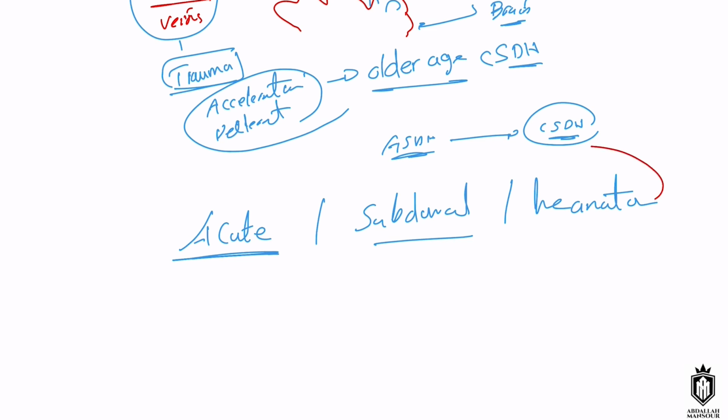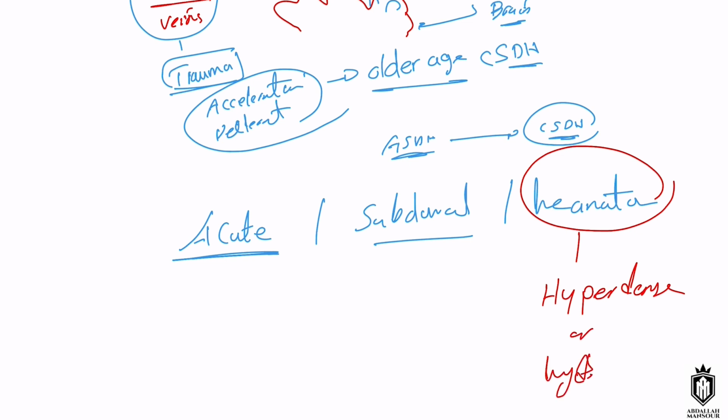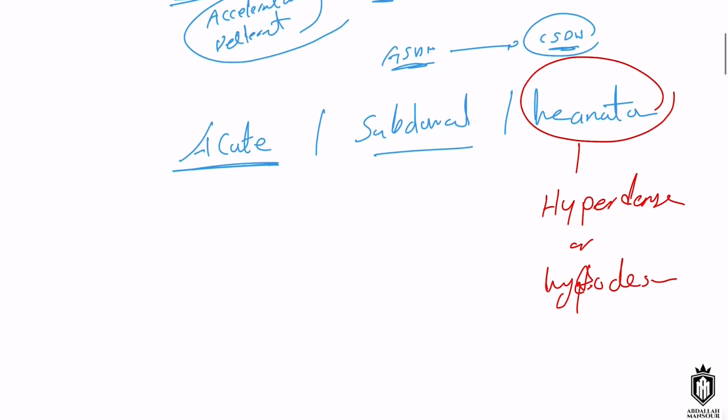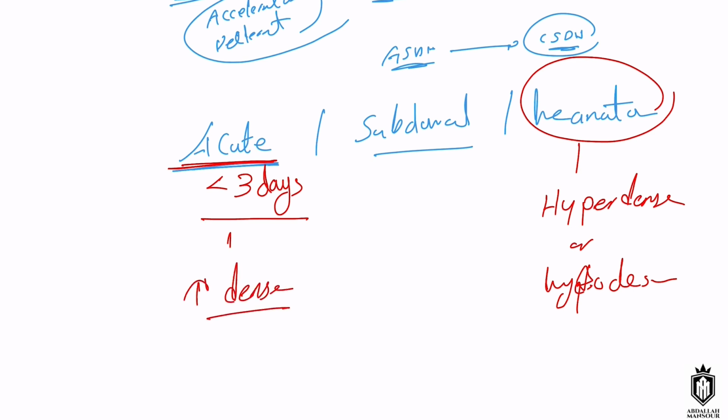Hematoma, that means it's going to appear as hyperdense or hypodense, right? On the other side, it is acute, so that means it's less than 3 days old, and it will definitely appear as hyperdense, white in color.